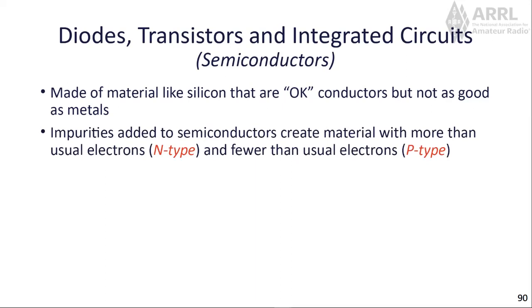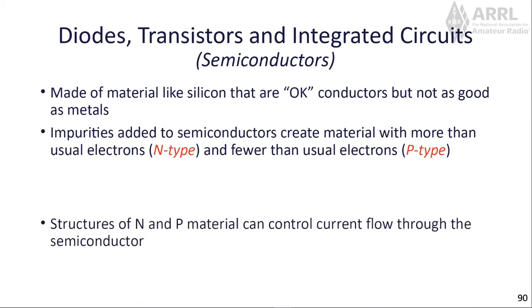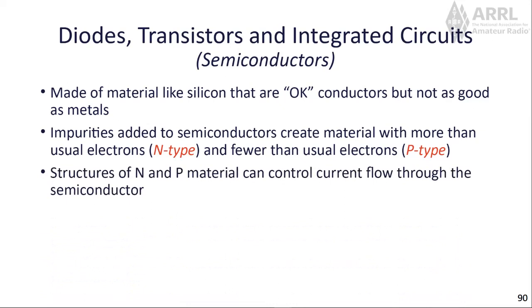Impurities are added to semiconductors to create materials with more than the usual number of electrons. Those are N-type. Or fewer than the usual electrons, and that would be the P-type. Structures of N and P material can control current flow through the semiconductor.